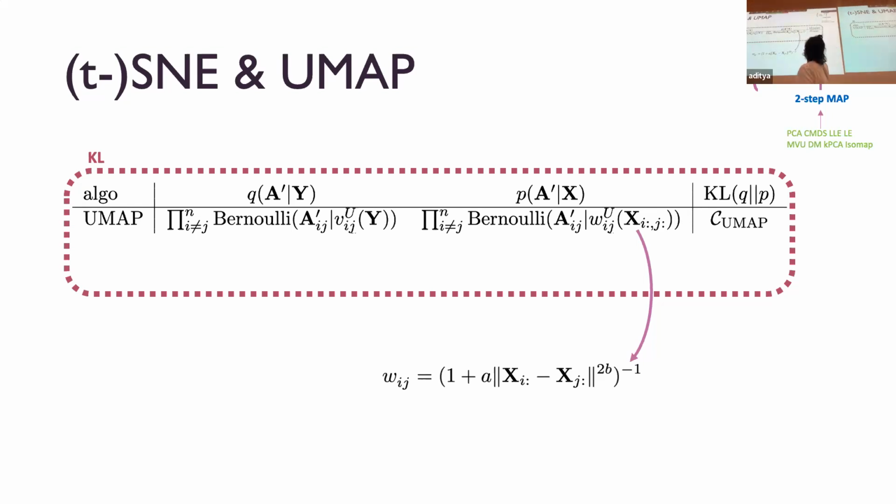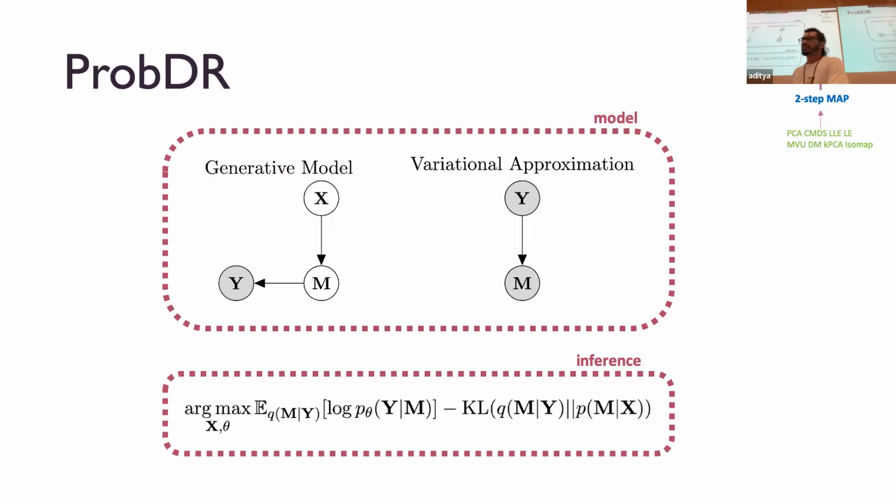If you calculate the KL divergence of Q and P in this framework, you immediately get the cost function for UMAP. That completely determines the cost function for UMAP. So that's just this, basically. And because there's no dependence on X here, the argmax of the whole thing is just the argmin of the KL divergence.